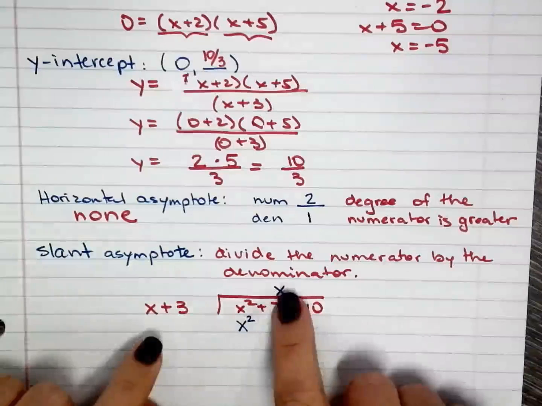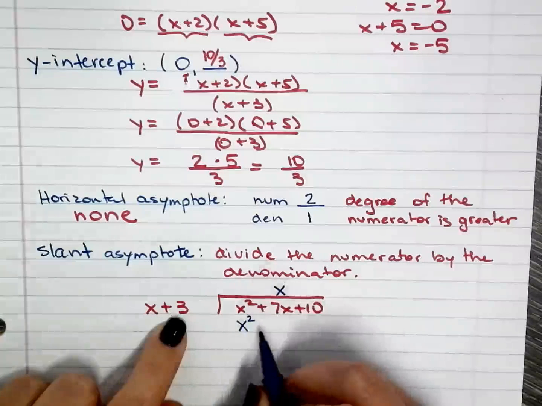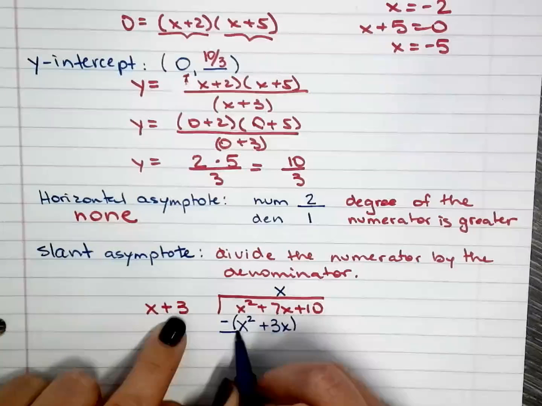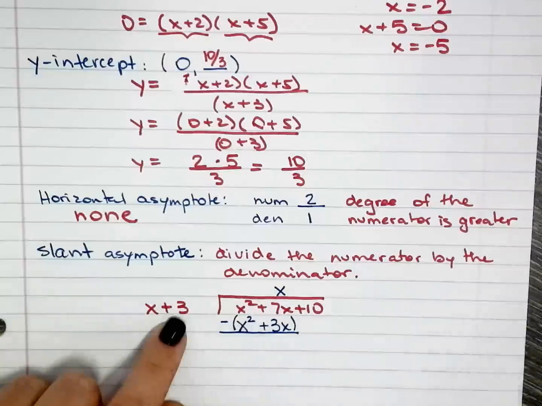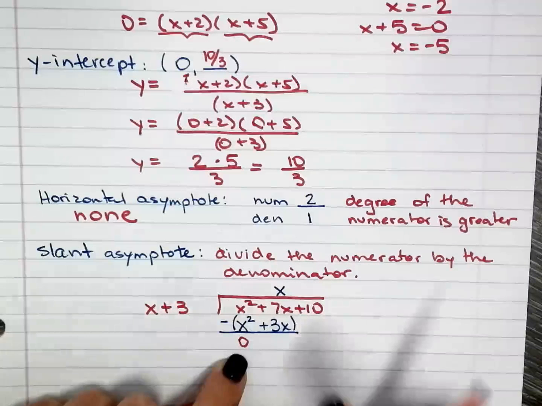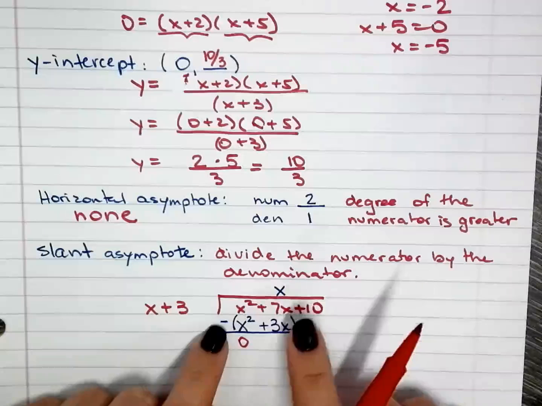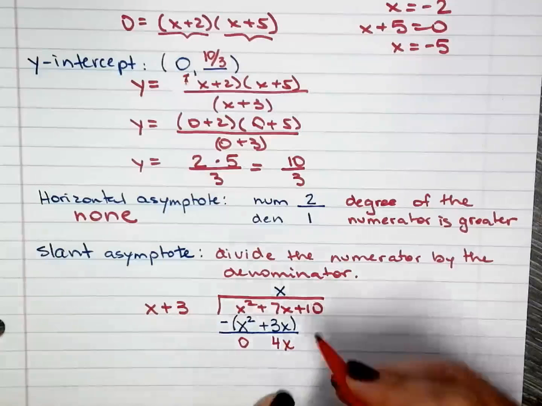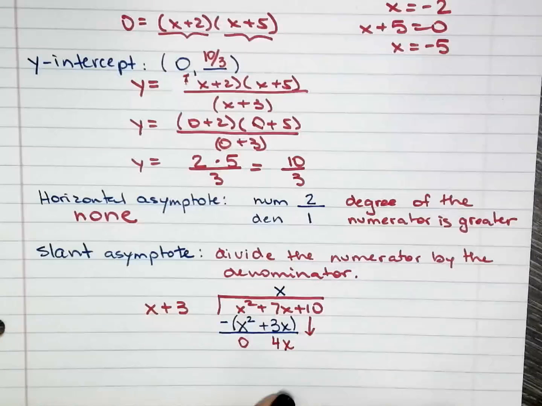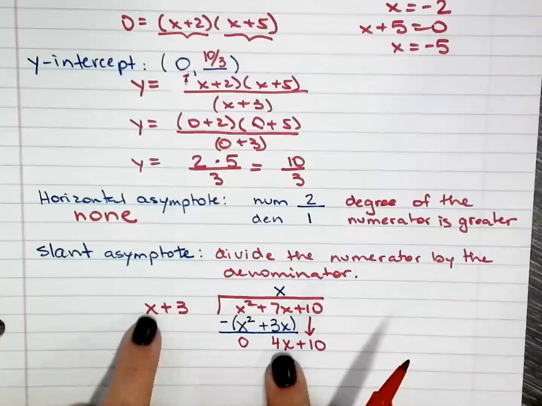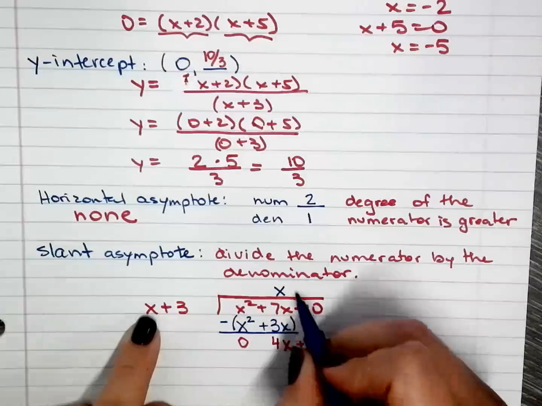X times x is x squared, then I have x times 3 is 3x. You put that in parentheses, and then you're going to subtract. So x squared minus x squared, 0. That's good. 7x minus 3x, 4x. Bring the last one down. And then we do it again. 4x divided by x is 4.